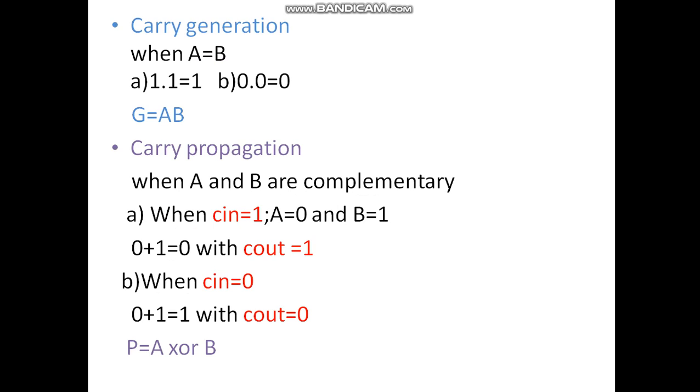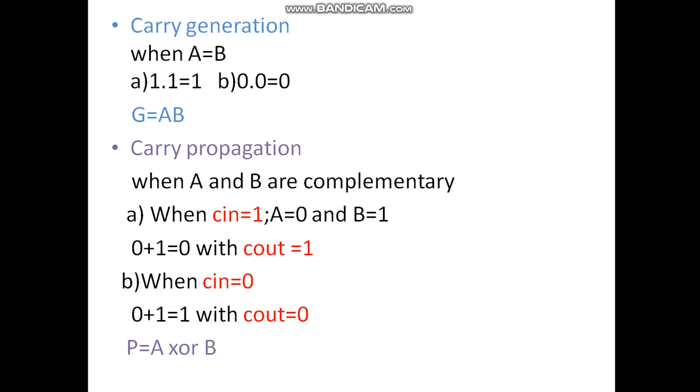When A and B inputs are same, then a carry is generated when A and B are 1, and no carry is generated when A and B are 0. That means we can write the expression for the carry generated as G is equal to A into B, where G stands for carry generated and A, B are the inputs.